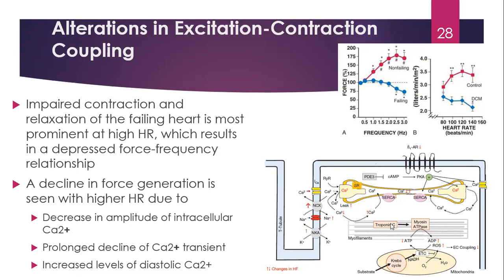So all of these processes within the myocyte are affected. There is decreased amplitude of intracellular calcium, prolonged decline of calcium transit, and increased level of diastolic calcium. All of these lead to both systolic and diastolic dysfunction in the heart.